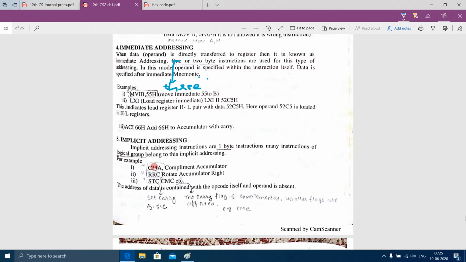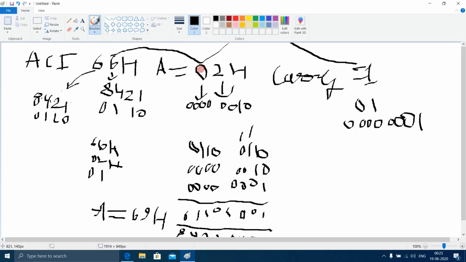So the example of implicit addressing is complement A, complement accumulator. Complement accumulator means, for example, in accumulator 02 is stored, which is 0 0 0 0 0 0 1 0. So the complement of 0 0 0 0 0 0 1 0 is 1 1 1 1 1 1 0 1. Wherever there is 0, it will be complemented to 1. Wherever there is 1, it will be complemented to 0.